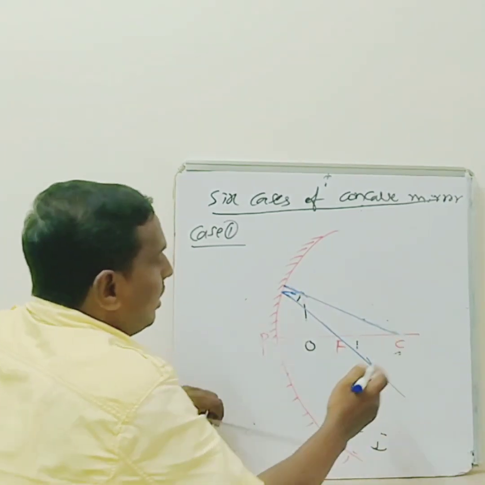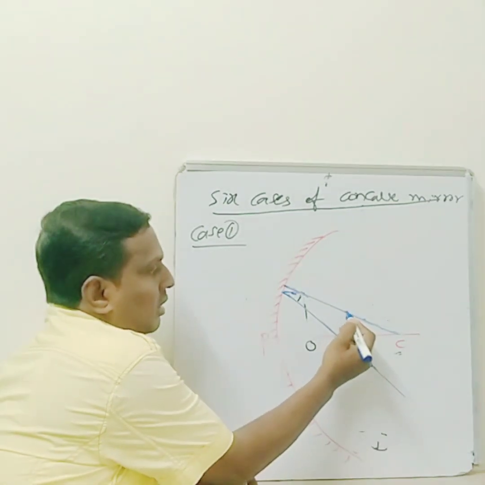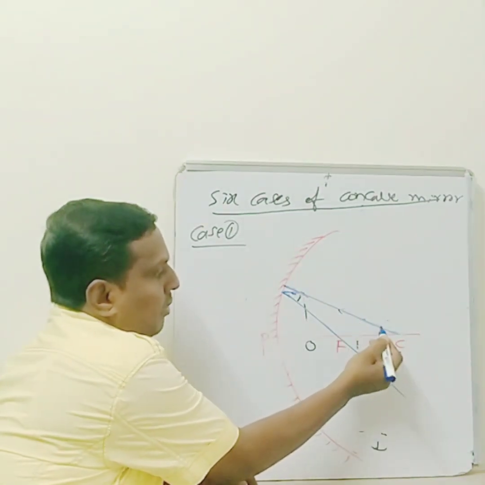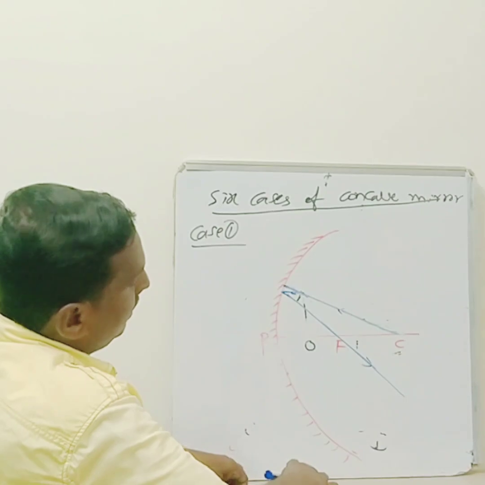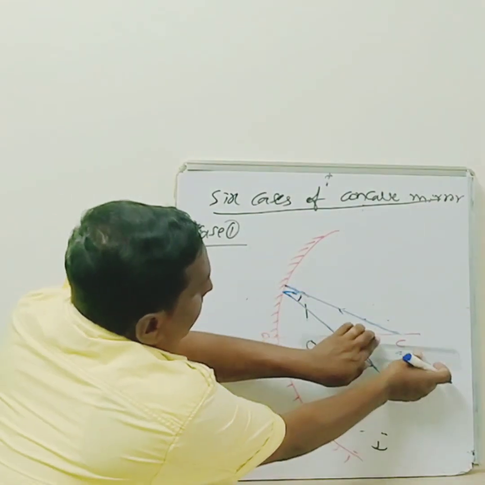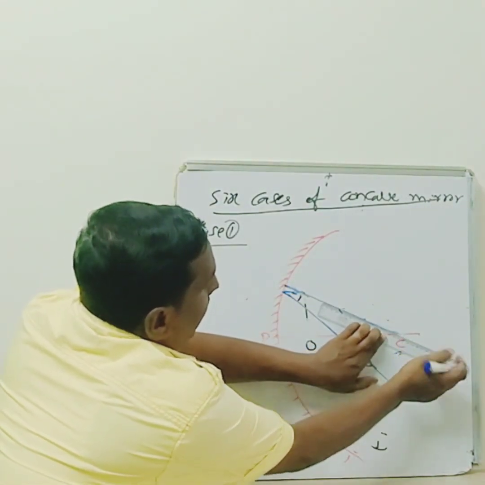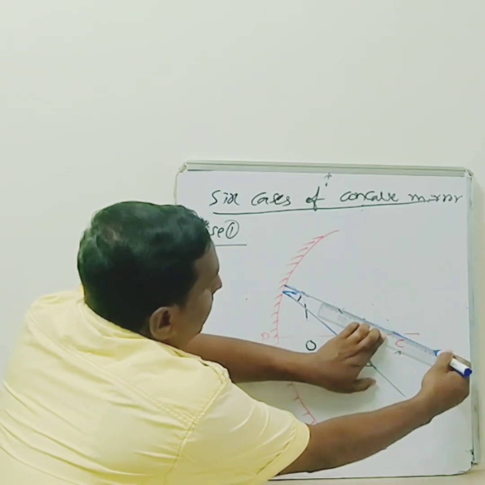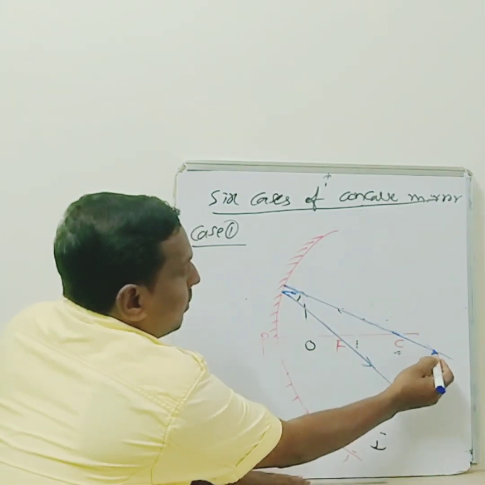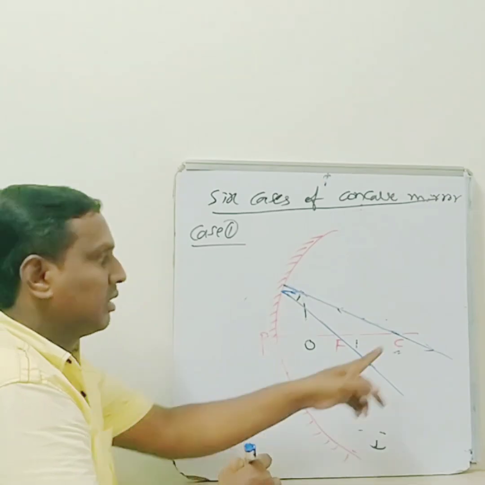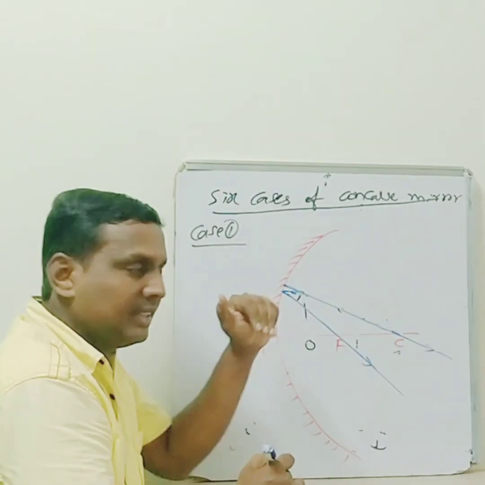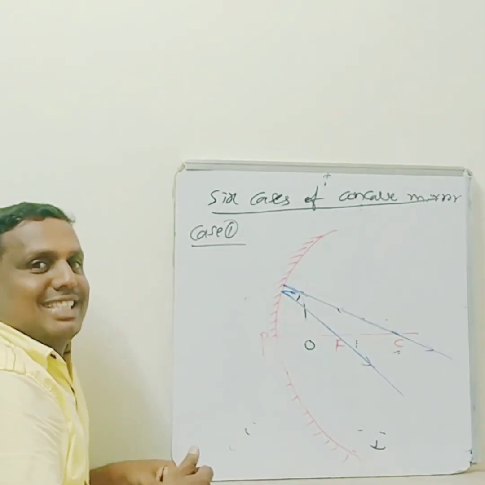When it passes through the center of curvature, then what happens here? It is incident, and it will come back along the same path, through the same point, that is C. So it is reflected back along the incident path. Okay. See here. Incident, reflected. Clear?